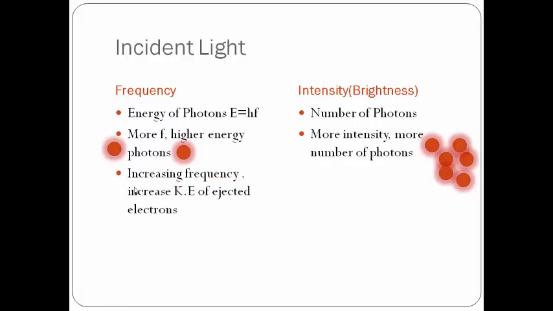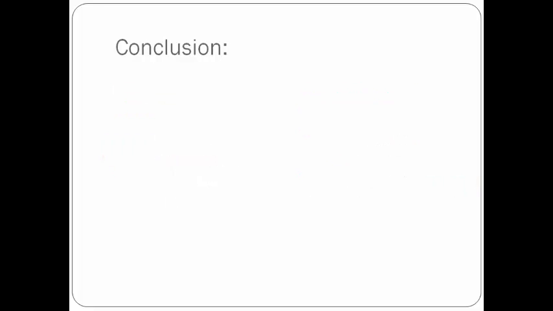That means increasing frequency will increase the kinetic energy of the ejected electrons. They will absorb more energy and they will have more kinetic energy while they are moving. While increasing intensity increases the current in the circuit. So there will be more electrons that are moving with the same energy.